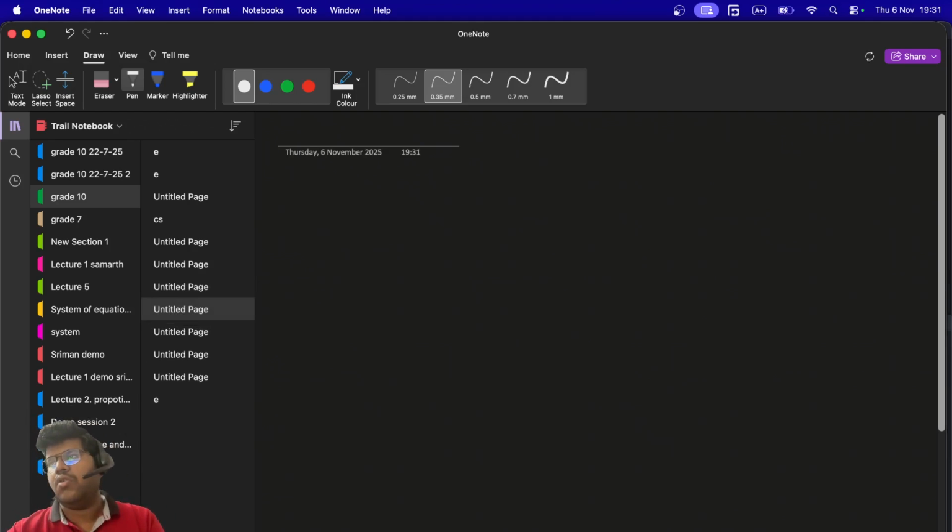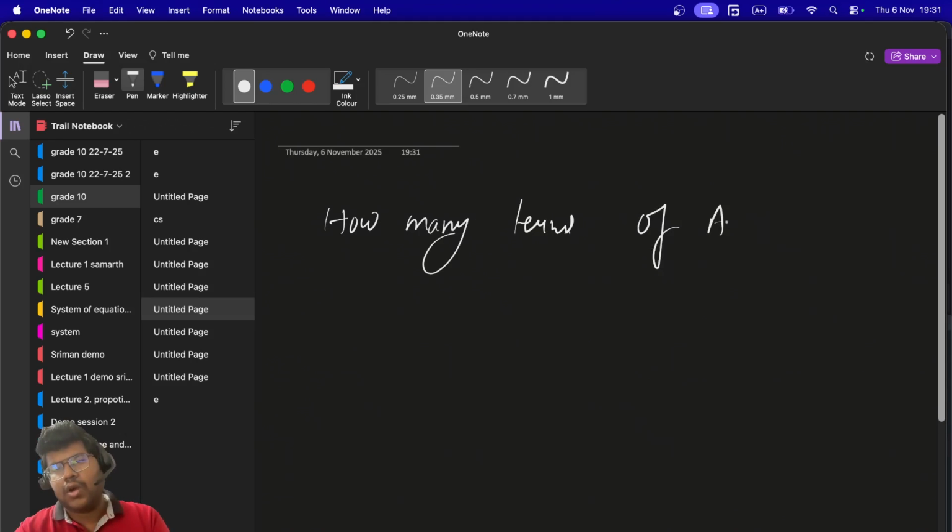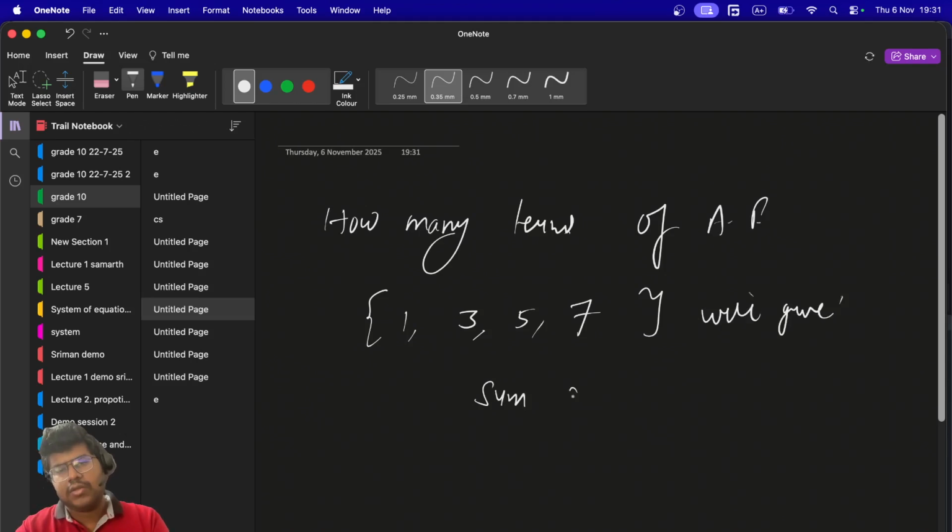Okay, so now the next question, that how many terms of the arithmetic progression, which is 1, 3, 5, 7, will give the sum as 961, right?